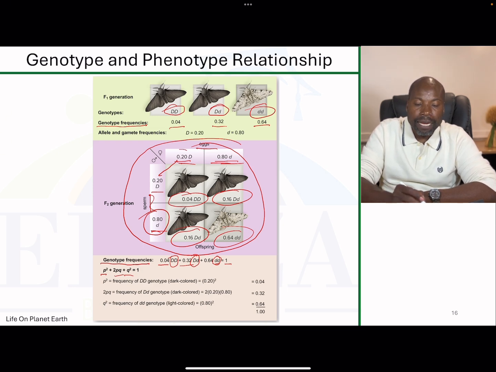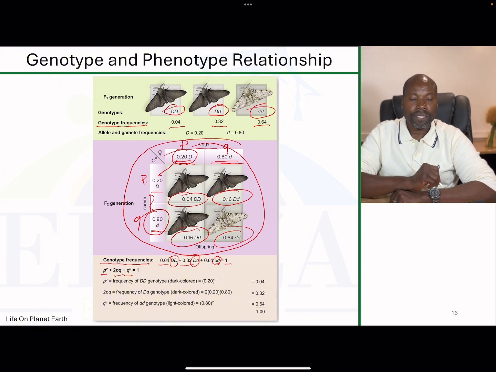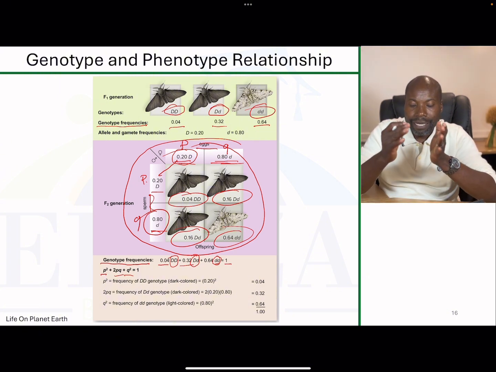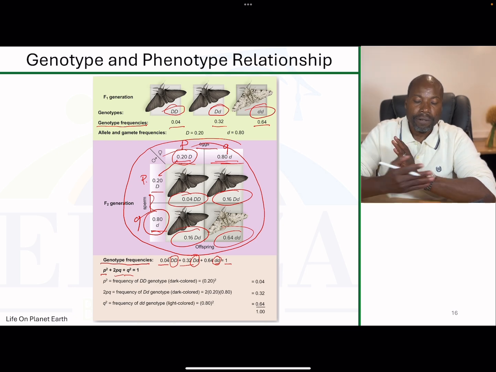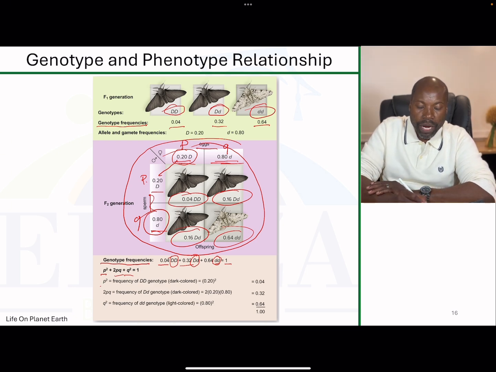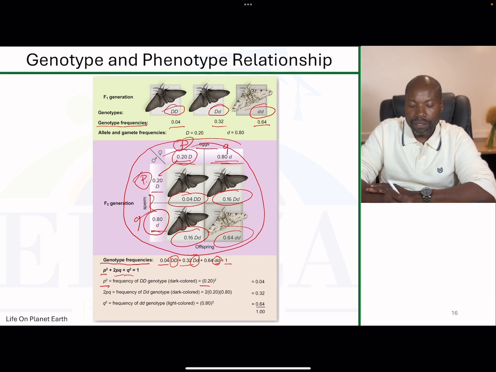Now, considering the values here, this is p and this is q. Likewise, here we have p and here we have q. Okay, so knowing all of this, now we can run our numbers. p squared is basically 0.2 times 0.2. So this one times this one gives us 0.04, right?